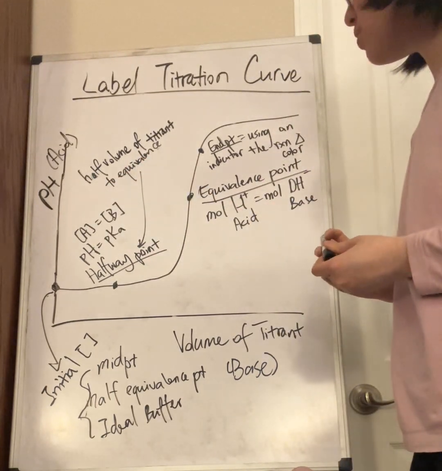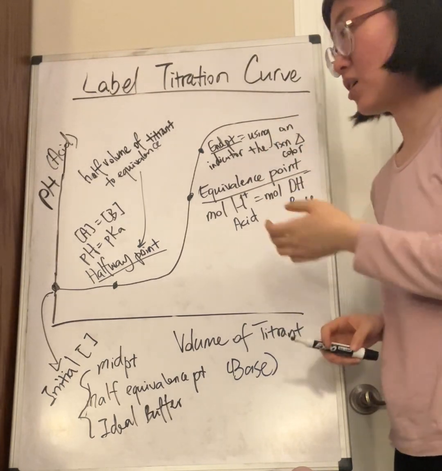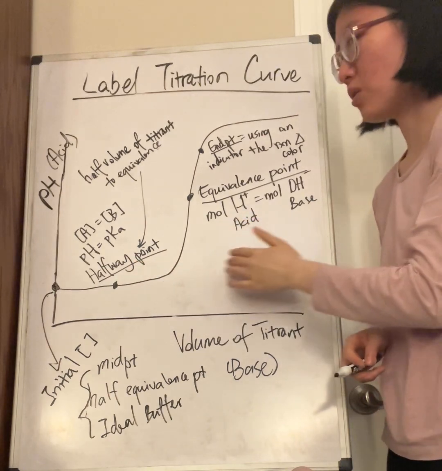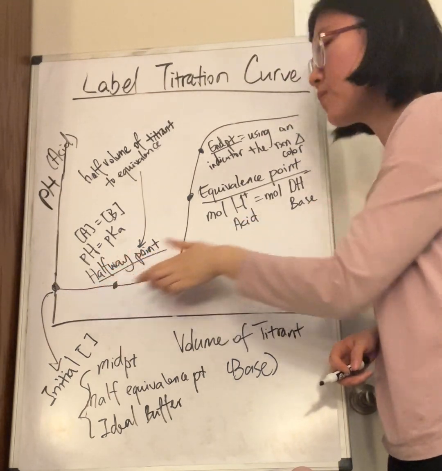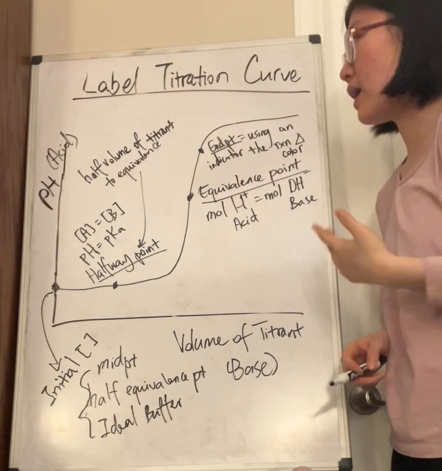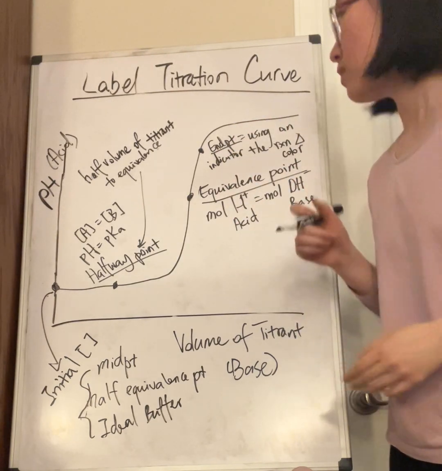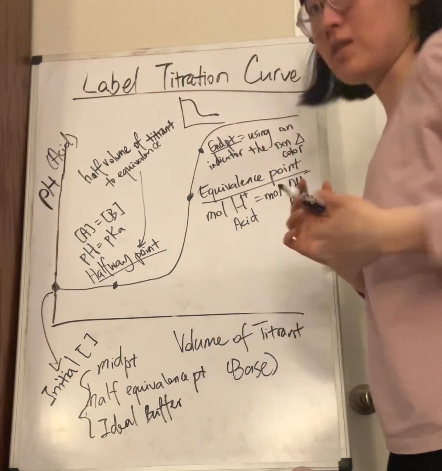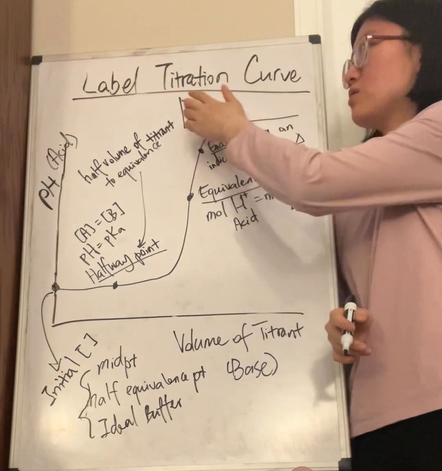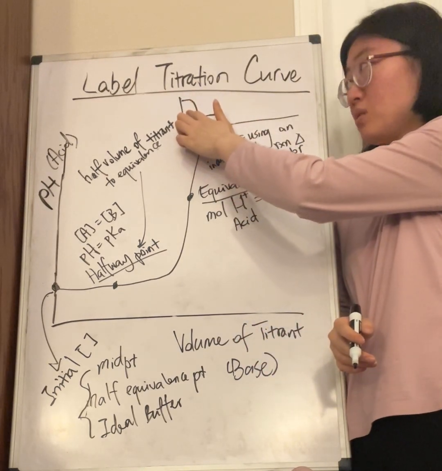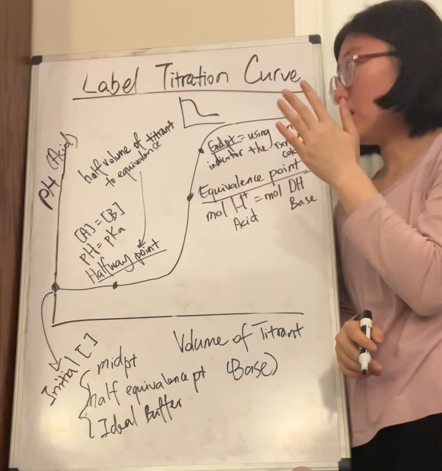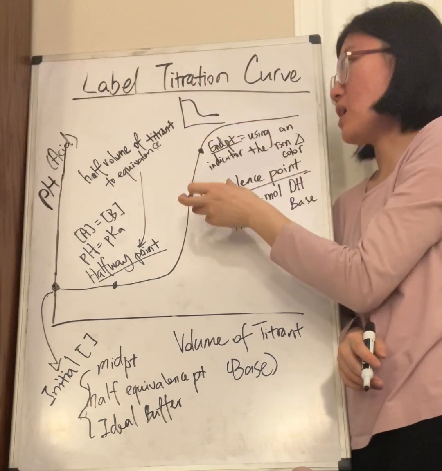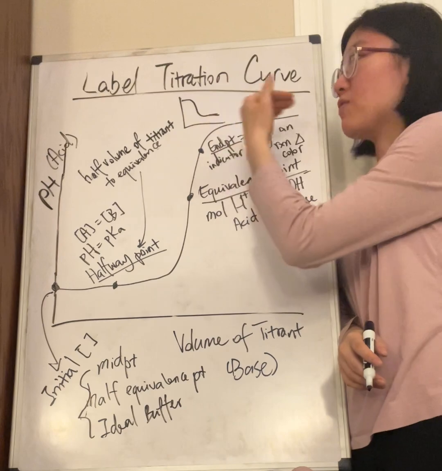As I said at the beginning of the video, this curve shows a start with a very acidic solution going to a very basic solution, and we can also do it the other way around. We can start with a very basic solution and go all the way down to a very acidic solution, which means the solution starts basic, but in the lab we continually add more acid, which lowers its pH until it is very acidic.